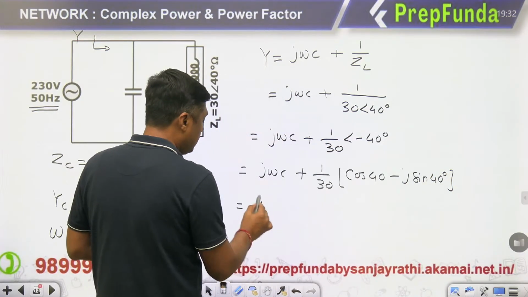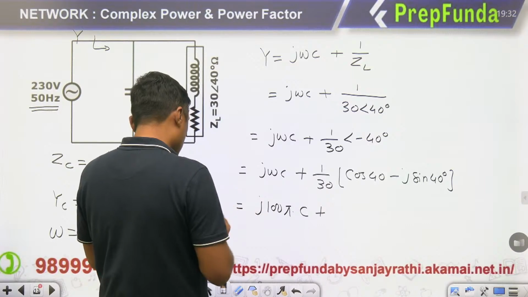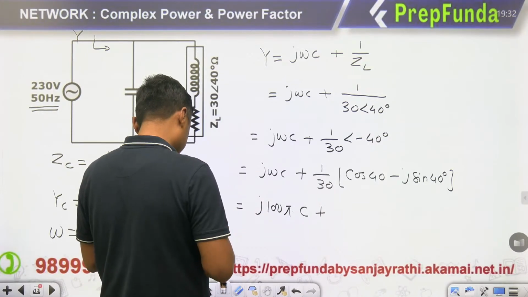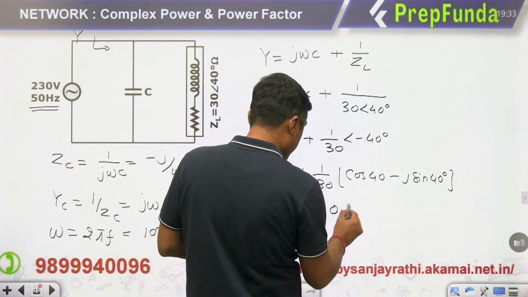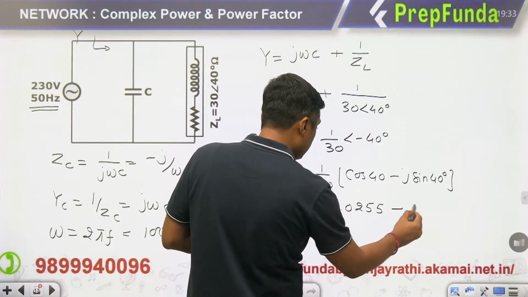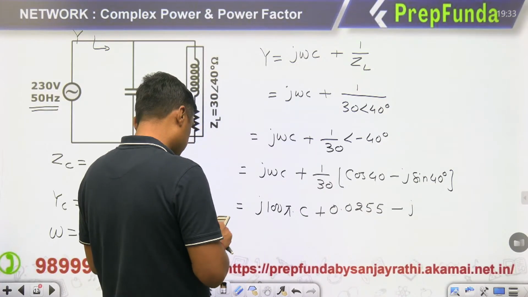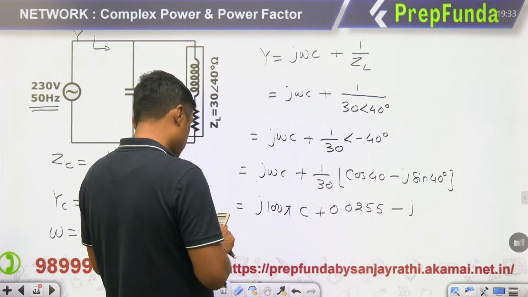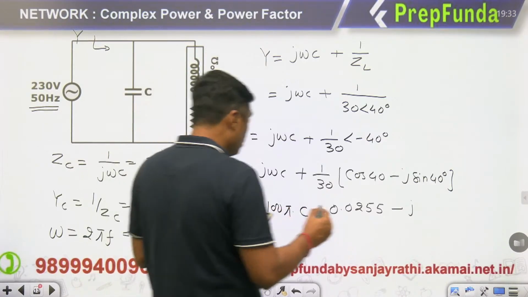This is 100 pi into C plus 0.0255 minus j 0.0214.